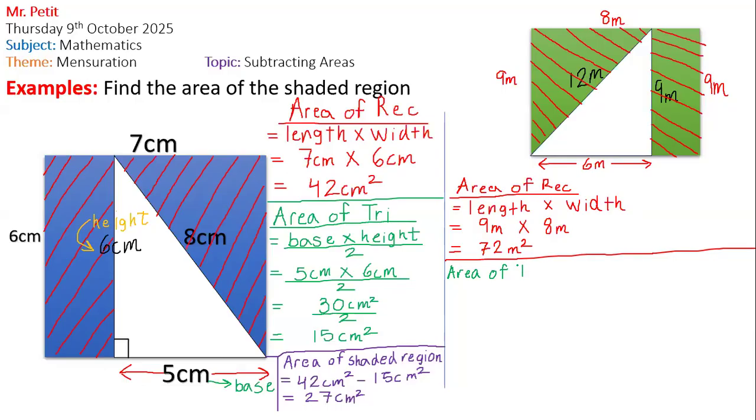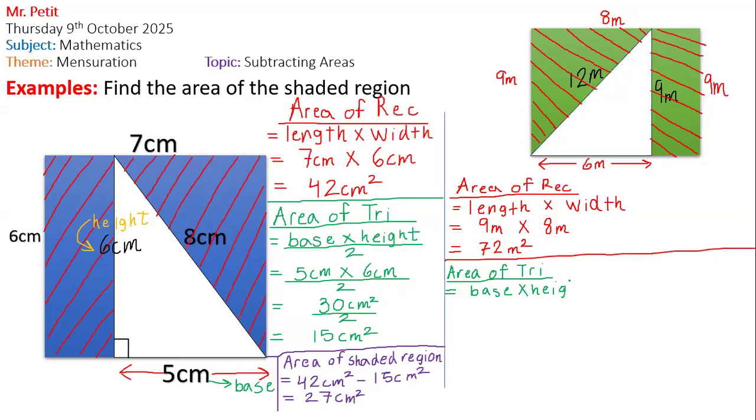Area of the triangle. Yes, sir. What's the formula for the area of a triangle? Base times height divided by what? Divided by 2. Very good. Base times height divided by 2.